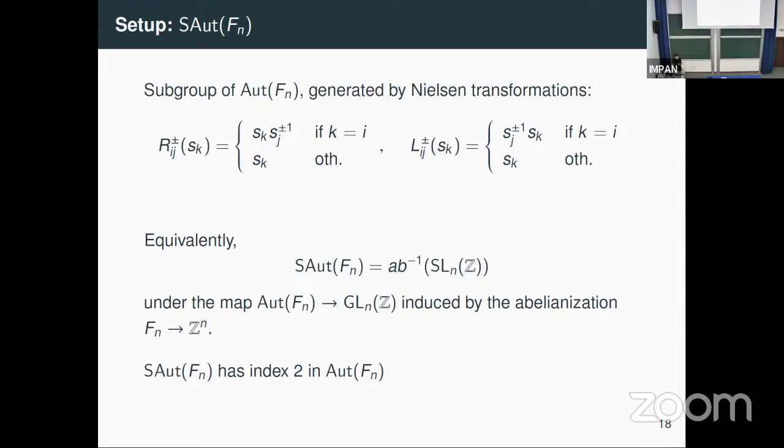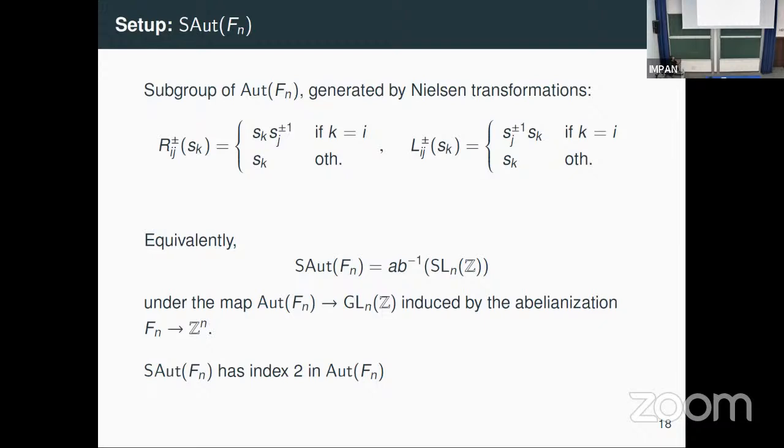Because there is another equivalent definition, which is as follows. We have the map from the free group to Z^n. This is just the abelianization, which induces a map from Aut(Fn) to GLn(Z). And then inside here, I have a copy of SLn(Z).